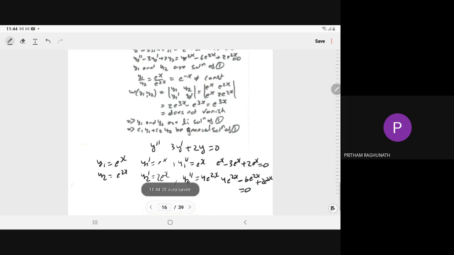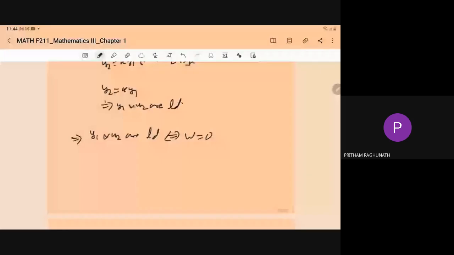So if y1 and y2 are solutions, then y is equal to c1 e to power x plus c2 e to power 2x is the solution. Now for the general solution, we have to see whether one is a constant multiple of the other or not. So e to power 2x is not a constant multiple of e to power x.